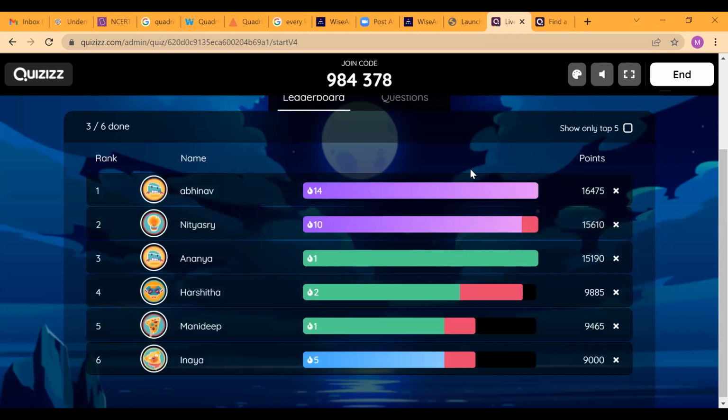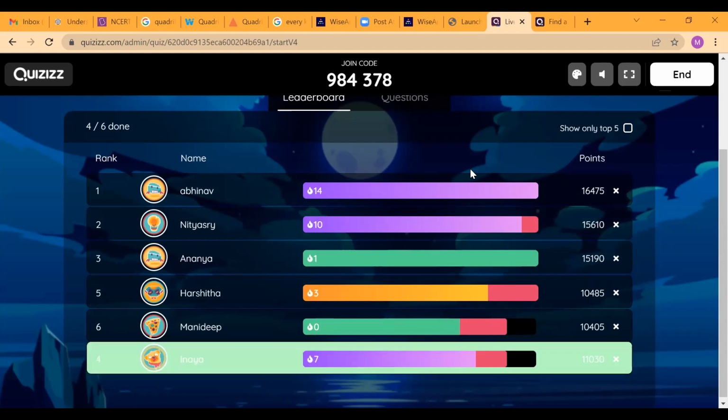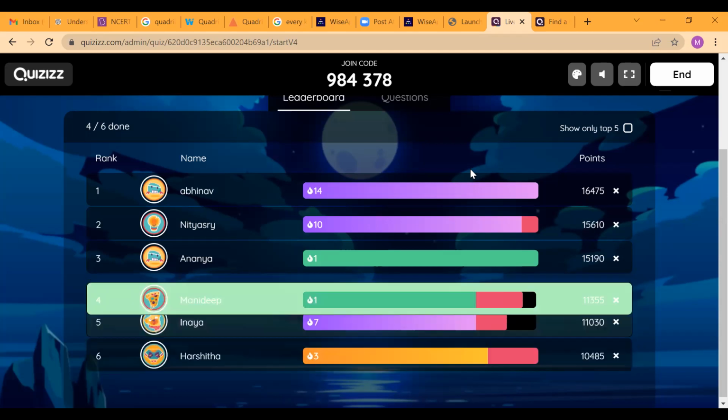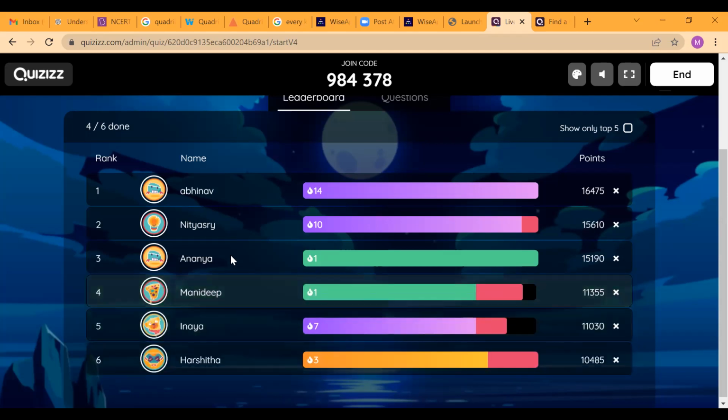Done with the first. Yes. Oh, Abhinav got the first rank. Nice. Abhinav is first rank.